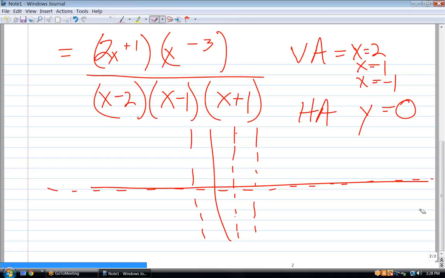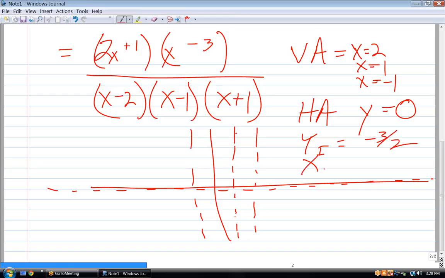So what else do they want to know about this? They want to know x and y intercepts. What is the y-intercept? The y-intercept would be negative 3 halves.